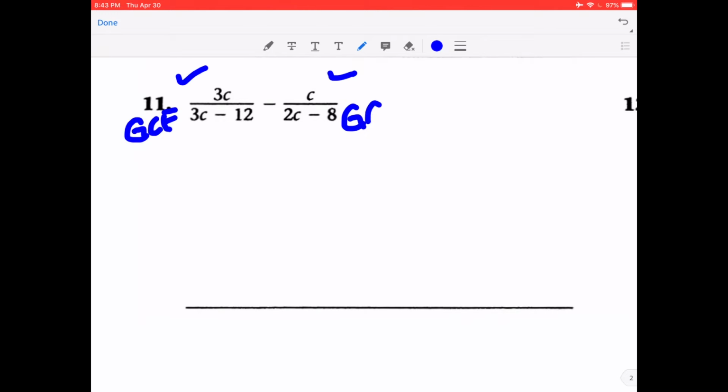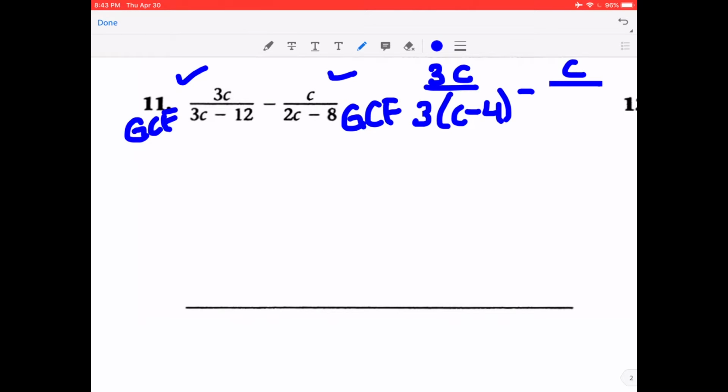On the right fraction in the denominator, I am also going to use GCF. So when I do that, I end up with 3c over 3(c minus 4) minus c over 2(c minus 4). Okay, guys? So we see how I GCF'd each of those denominators.